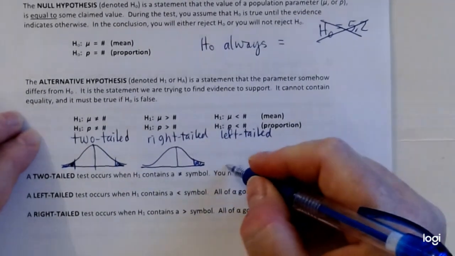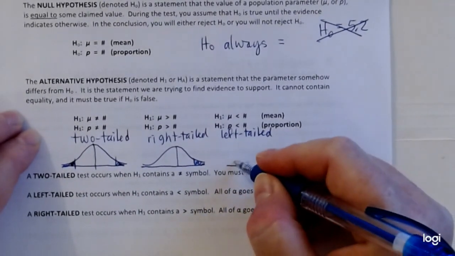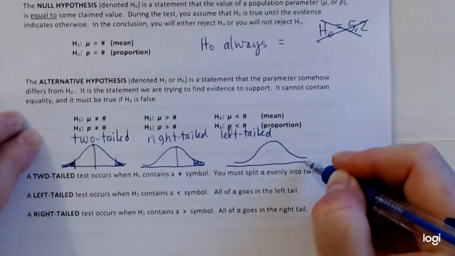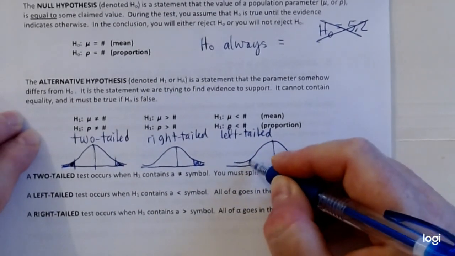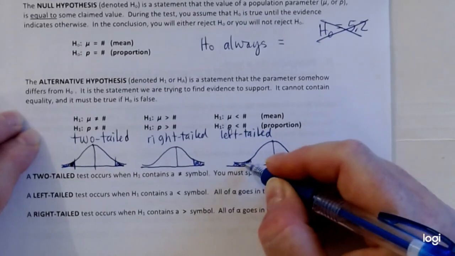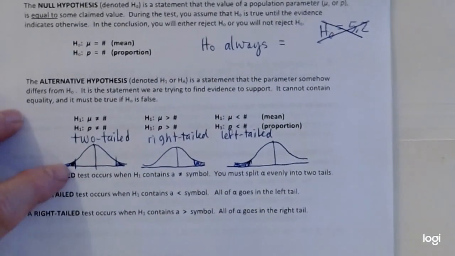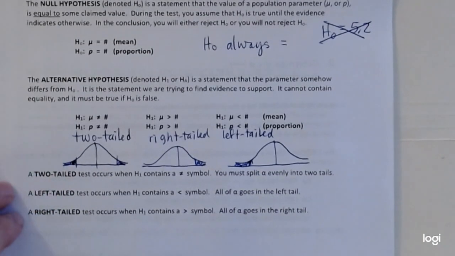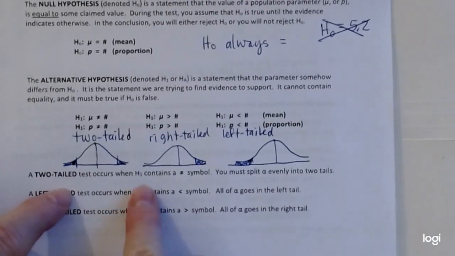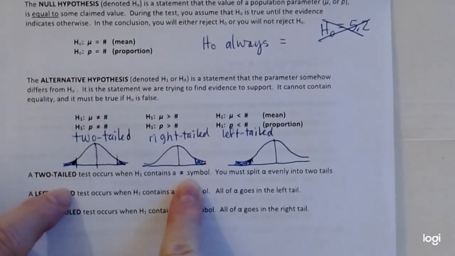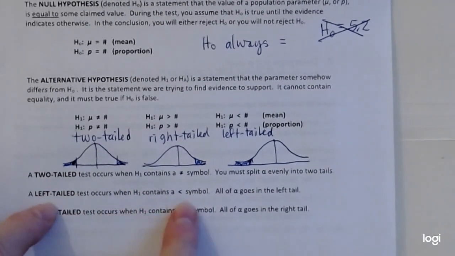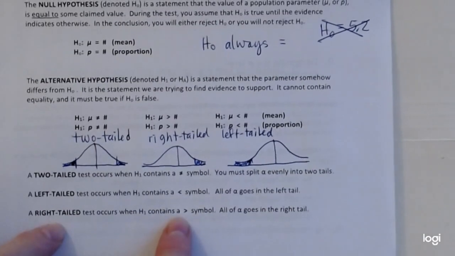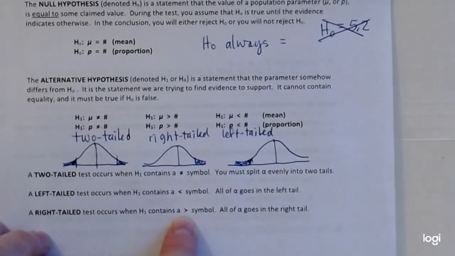And for a left tail, all of the probability that it's less than the value we're looking at would have to come somewhere down here in the left tail. Your calculator will draw this picture for you. You'll see that there's an option for drawing, and it will show you a picture. So a two-tailed test occurs when we have the not equal to symbol, a left tail when we have the less than symbol, and a right tail when we have the greater than symbol.